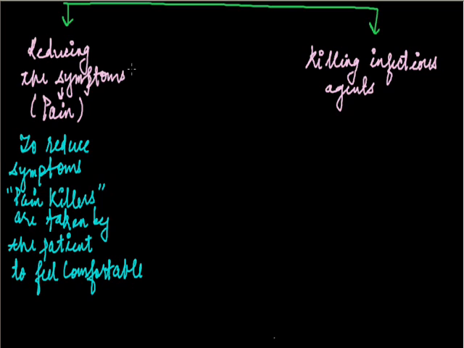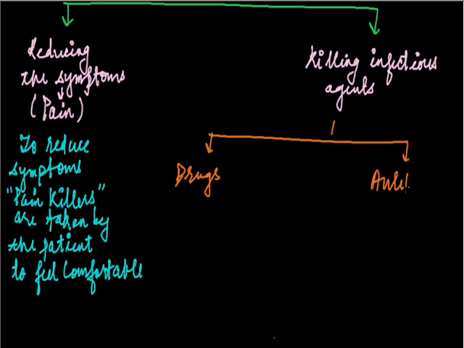There is a difference between drugs and antibiotics, as I already described to you about the antibiotics. Antibiotics are the chemicals that are prepared from microorganisms. What are drugs?